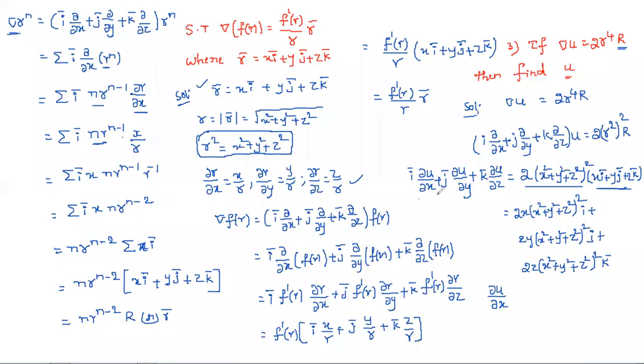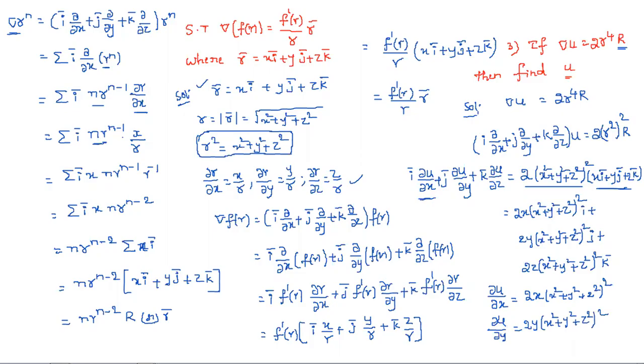And what about the i coefficient on the right side? That is 2x into x square plus y square plus z square whole square. Dou u by dou y is equal to 2y into x square plus y square plus z square whole square.